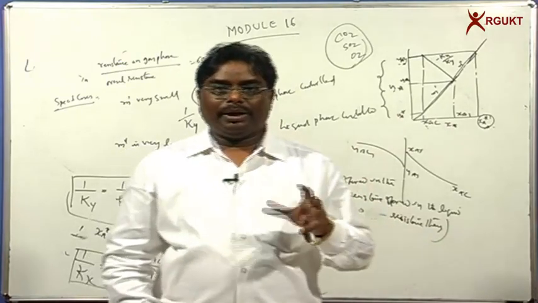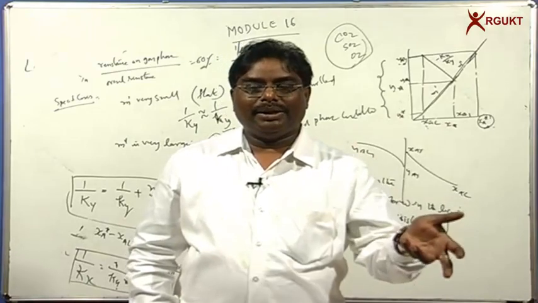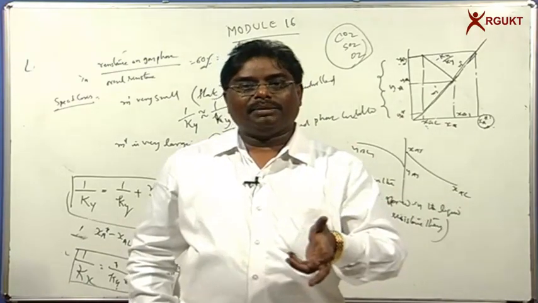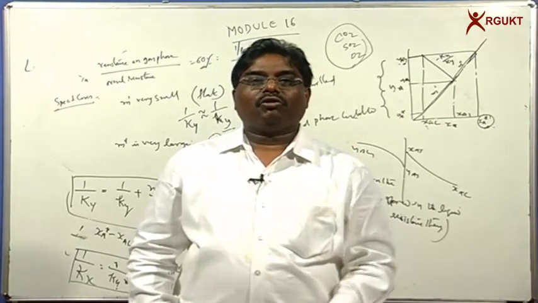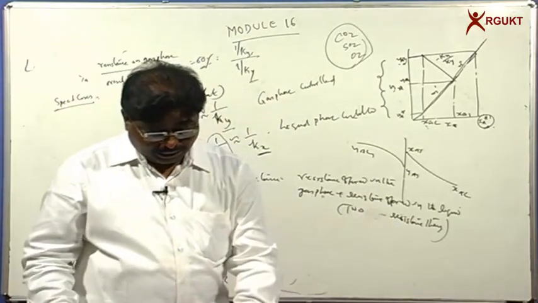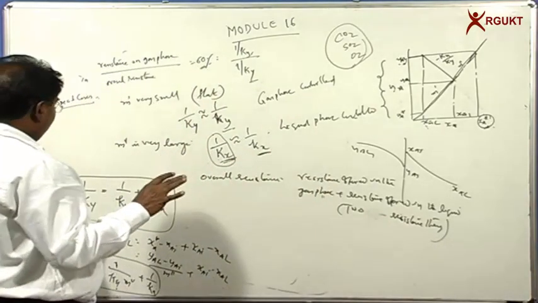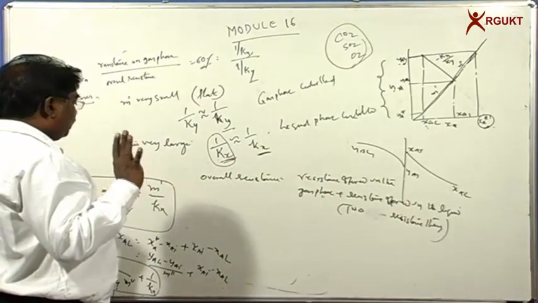So what one can do is either change the Reynolds number of the gas phase, or change the Reynolds number of the liquid phase, to change your overall resistance. These are the special cases we are discussing, and your overall resistance is equal to the sum of the two resistances.